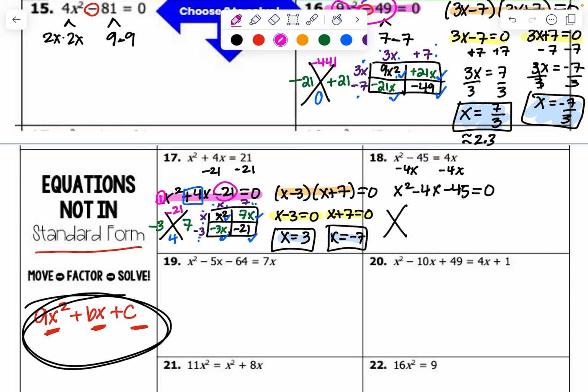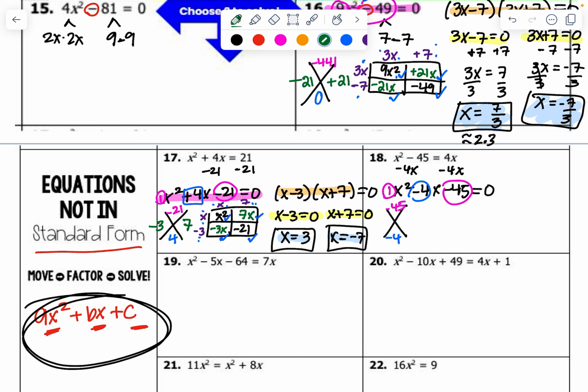X is going to be 1x squared times negative 45, so it's negative 45. I need two numbers that multiply to negative 45 that add up to negative 4. Using our factor tree, we can see what this is going to look like. 45 and 4.